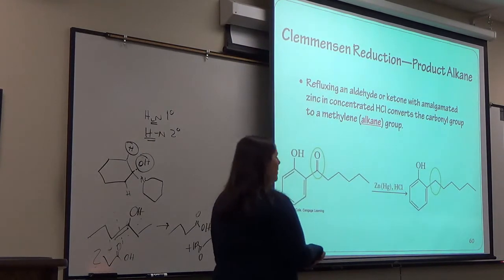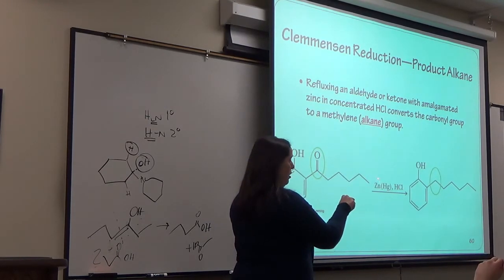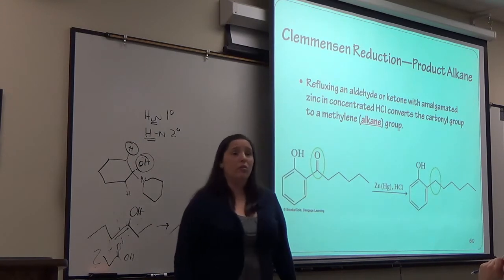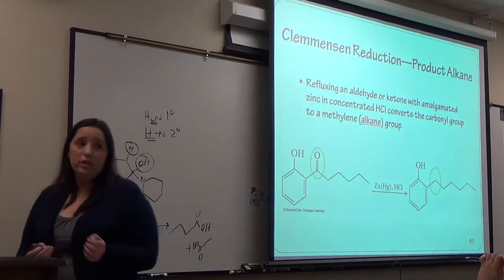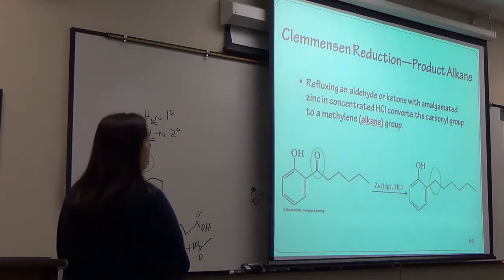And what's going to happen again is the carbonyl doesn't go to the alcohol like we just saw. It goes all the way to the CH2, to the alkane. So that's another consideration you want to have. Do you want the alcohol? If you do, this is not the reagent for you. So this goes all the way to the alkane.